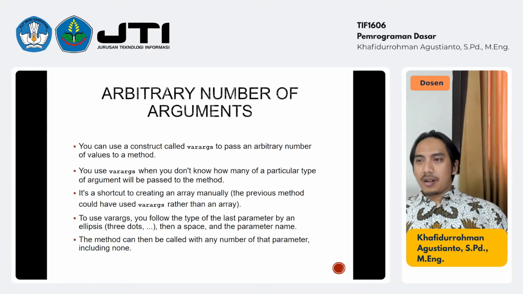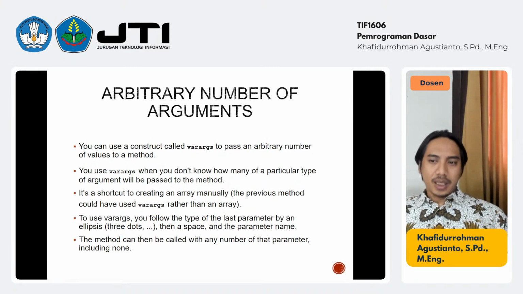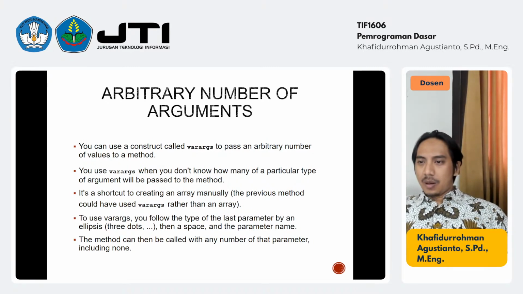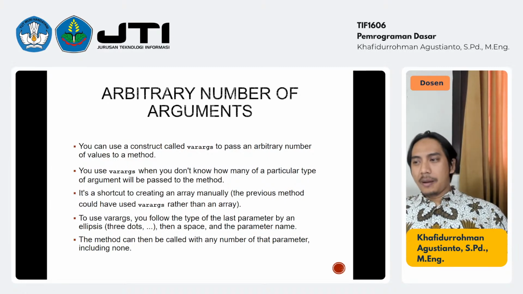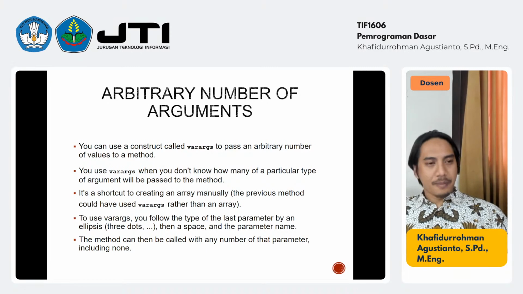Arbitrary number of arguments. You can use a construct called varargs to pass an arbitrary number of values to methods. You use varargs when you don't know how many arguments of a particular type will be passed to the method.